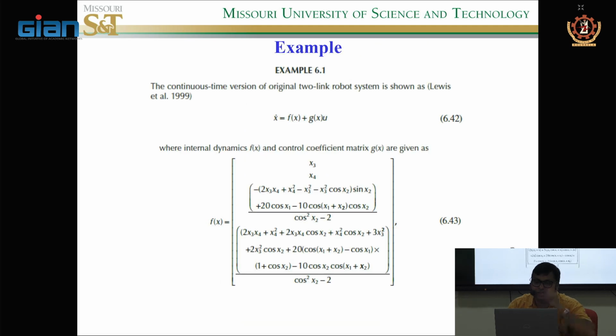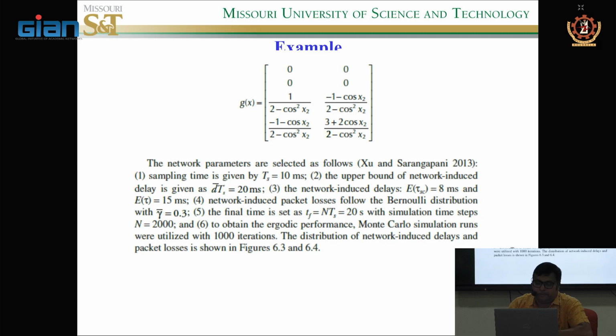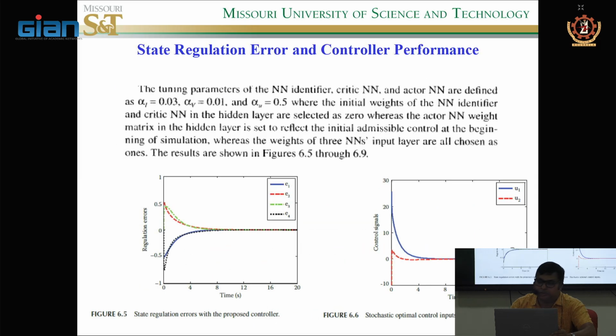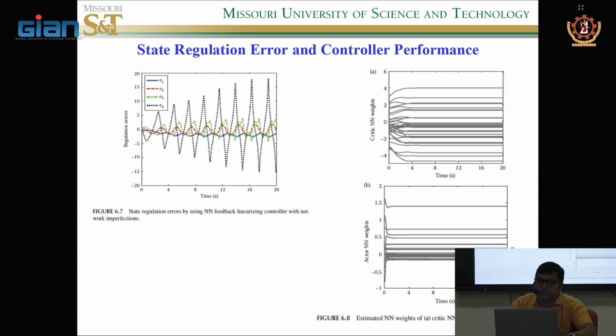In the slide it has been given for a folding manipulator system, but in your assignment a lower dimension system has been given, and the corresponding MATLAB code is also provided, so that you can see how it is performing for different cases.